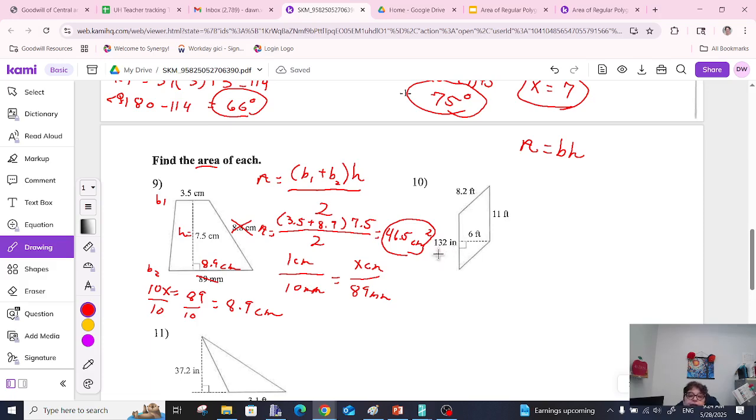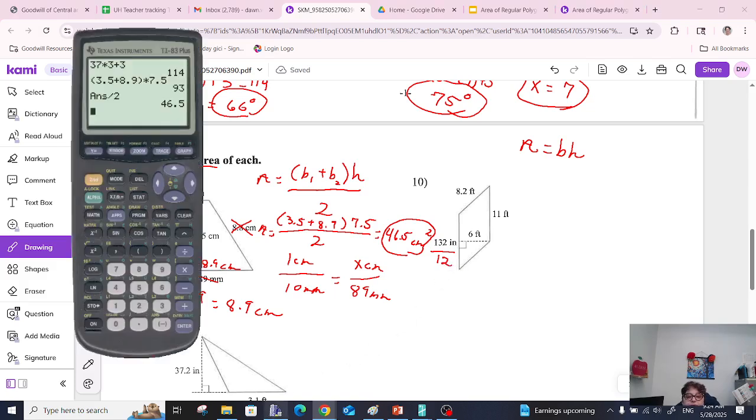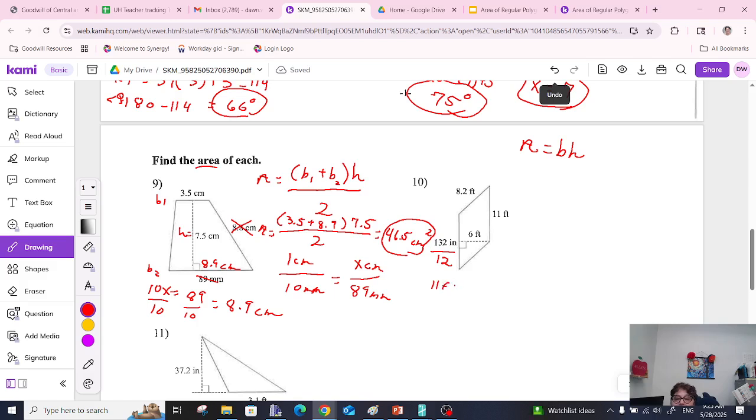What would I divide 132 by to change it to feet? How many inches are in a foot? 12. Please divide this by 12. What is 132 divided by 12? Okay, thank you. So this would be 11 feet. And where's the base and where's the height?